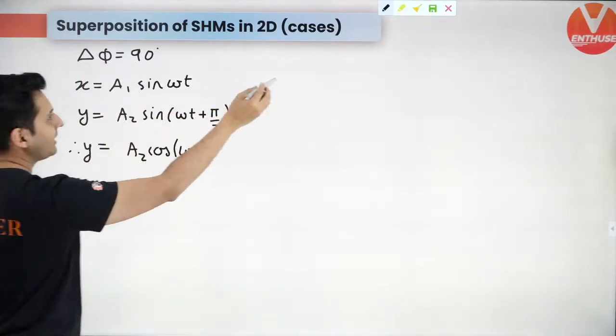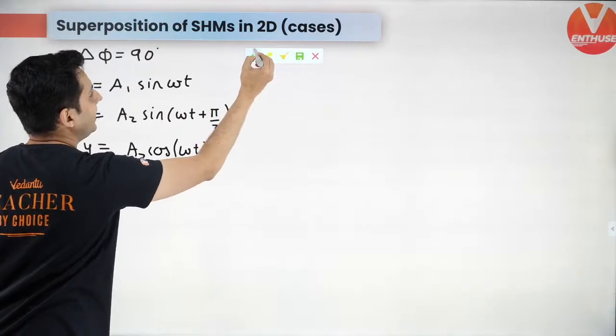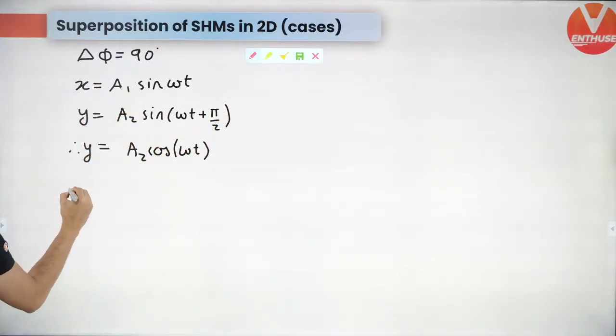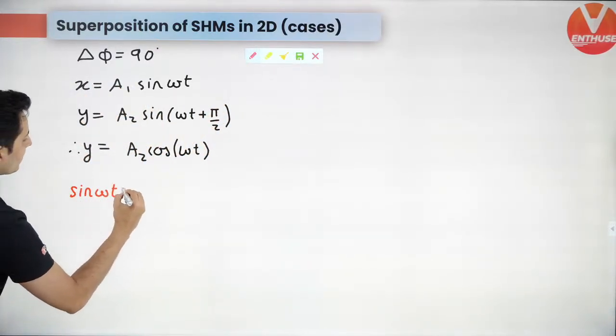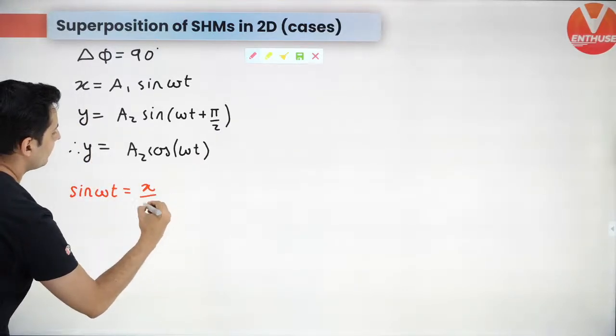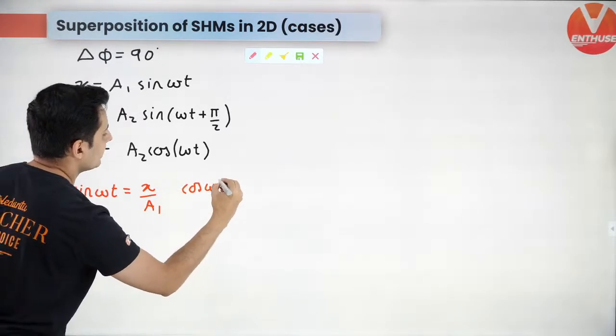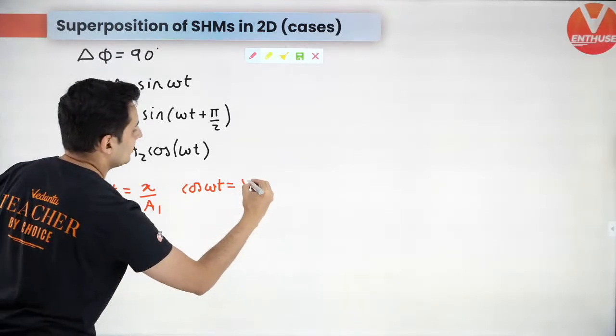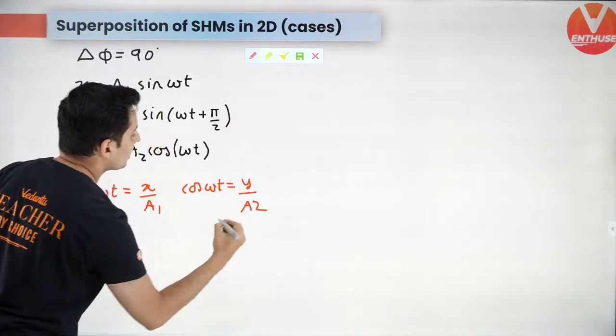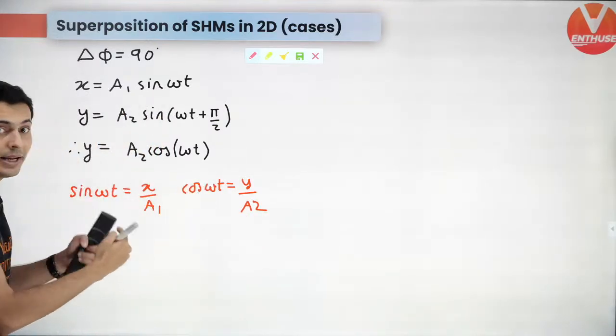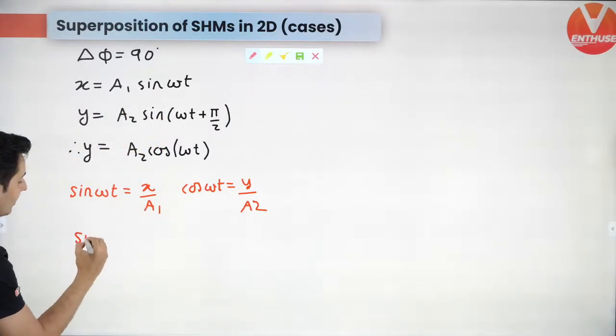Now, here is the simple trick that I'm going to use. Guys, from the first part, think about what sine omega t is. Sine omega t is nothing but x by A1. And from the second part, cos omega t is nothing but y by A2. So guys, what if I square them and add them? What will I get? It will be 1.